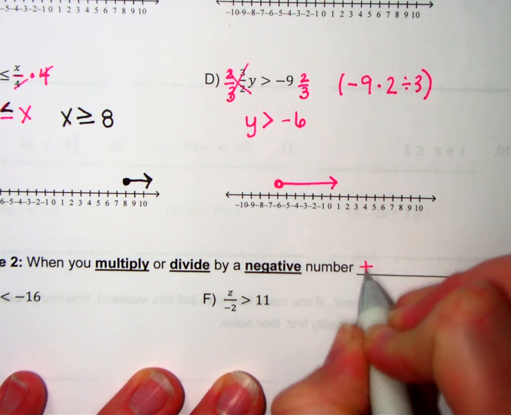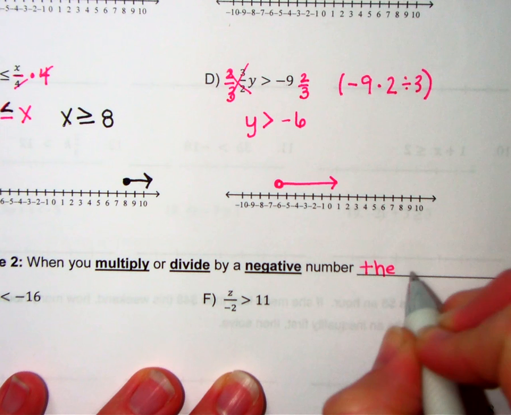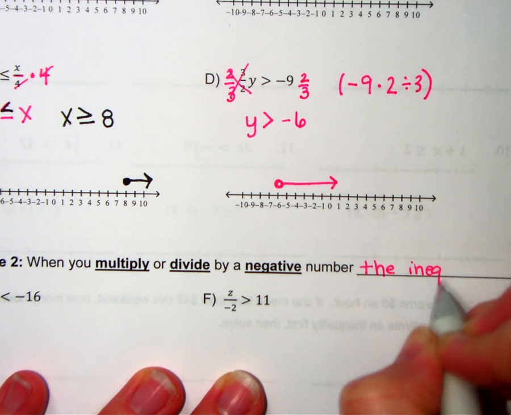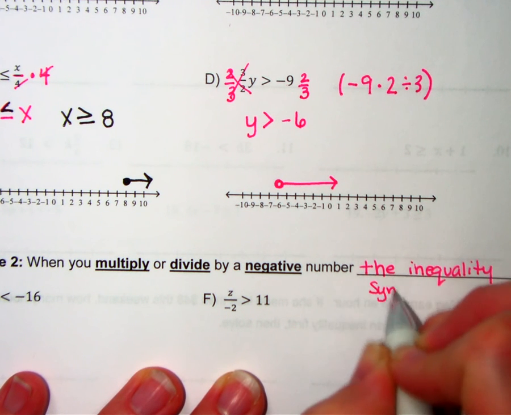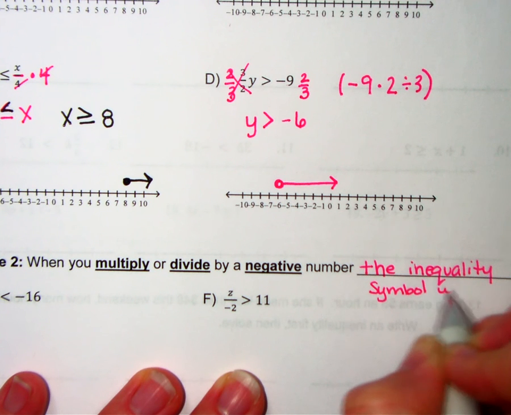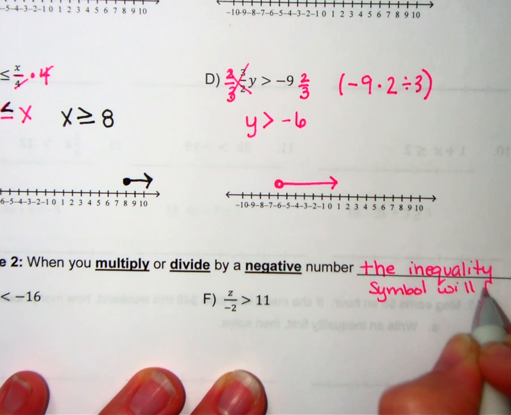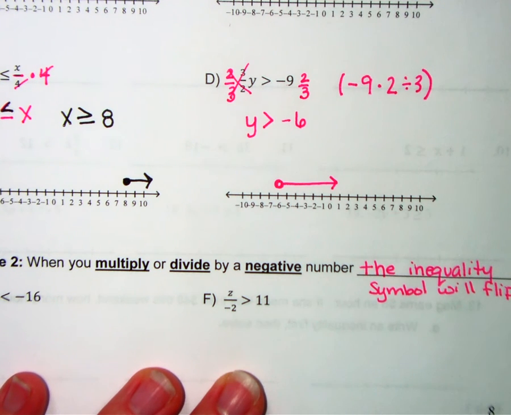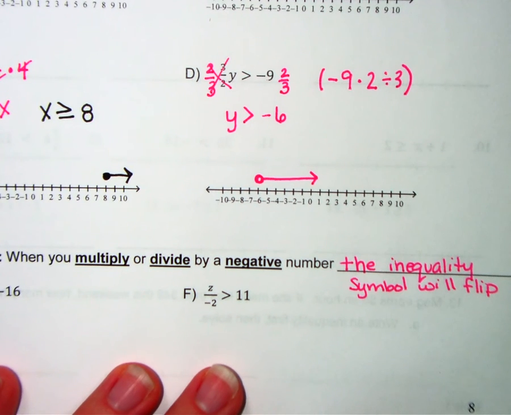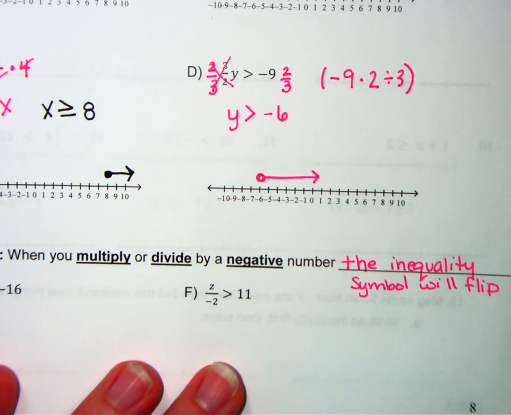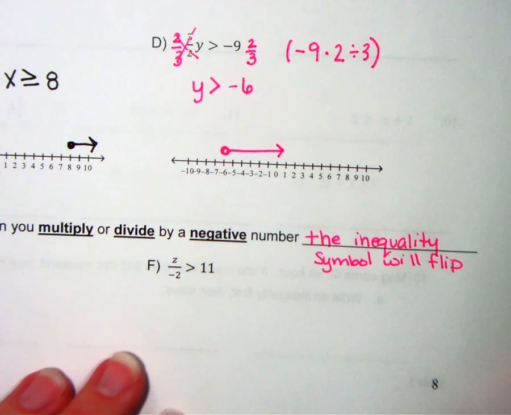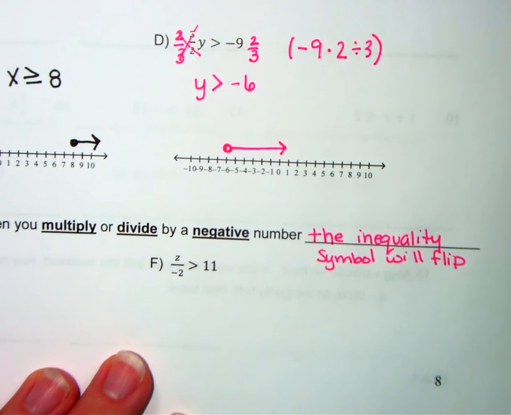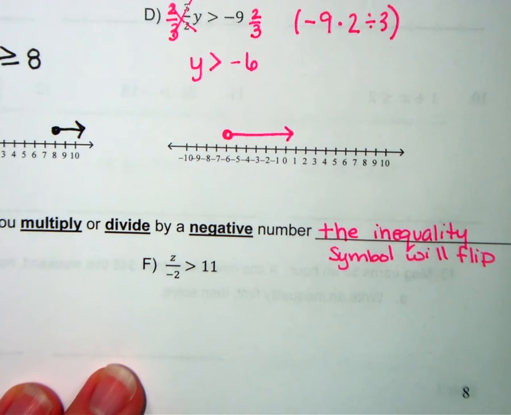The inequality symbol will actually flip around. It's going to change direction. So you can write that however you want. You can write flip, change direction, turn around, whatever you want to write there. Whatever would make you change the way that that symbol looks.